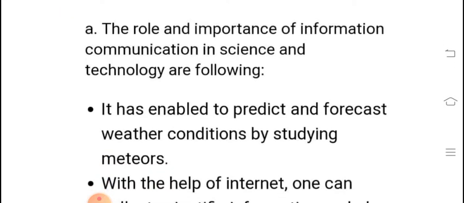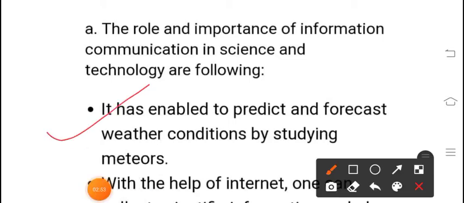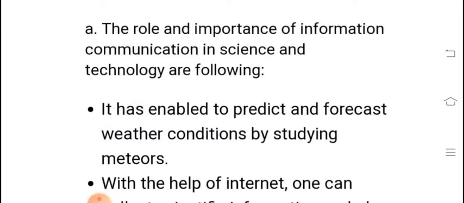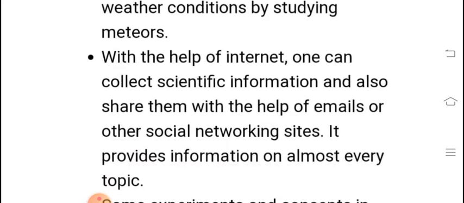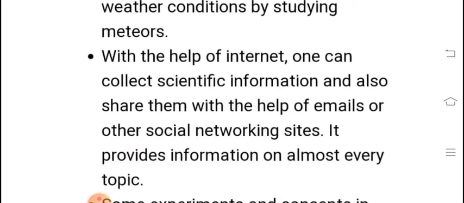The role and importance of information communication in science and technology are as follows. It has enabled us to predict and forecast weather conditions by studying matters. With the help of the internet, one can collect scientific information and also share it with the help of emails or other social networking sites.